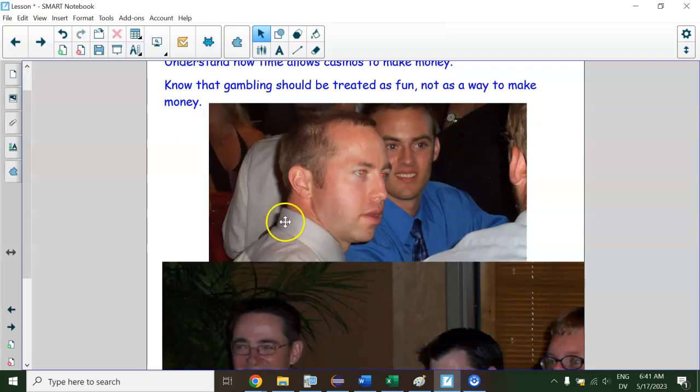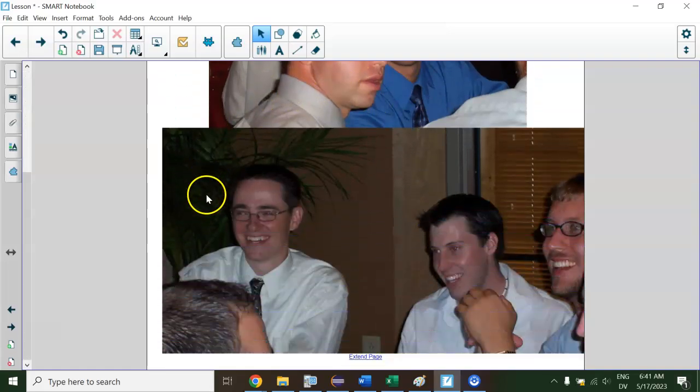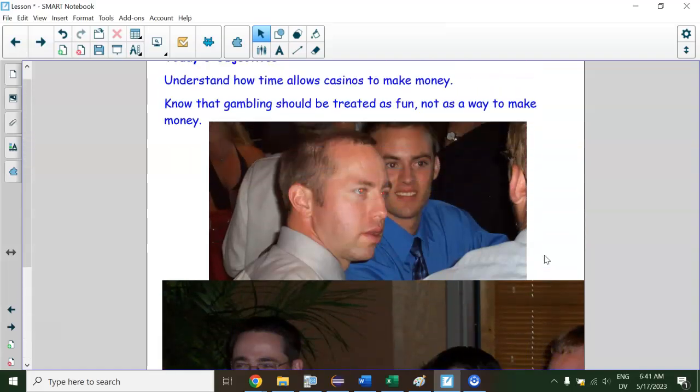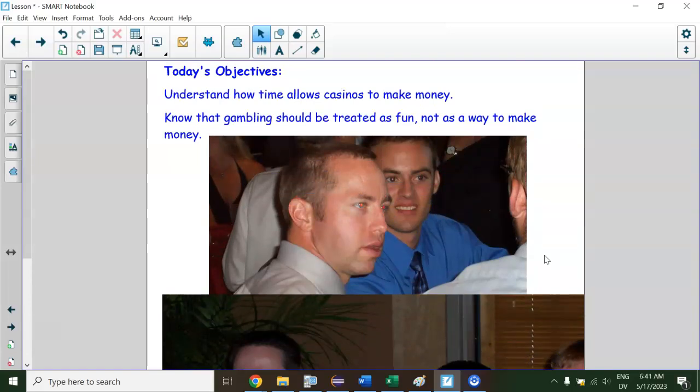I put some pictures here of my high school friends. They're pretty smart people. This guy here is a doctor, and this guy here got his PhD and works at 3M. These are pretty smart individuals, but they didn't even understand some of this. They thought that if they got down money at the casino, they just needed more time and they'd make it back, which is absolutely wrong. More time is not going to help you; more time helps the casino.